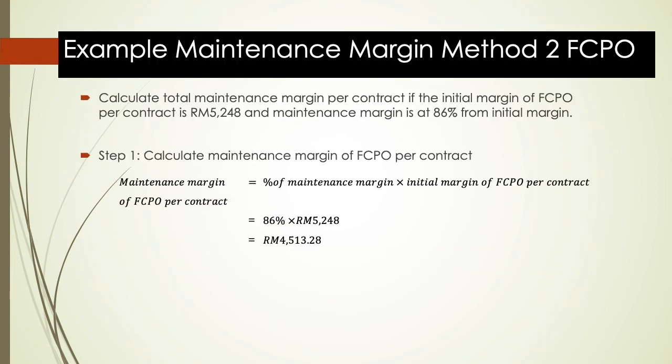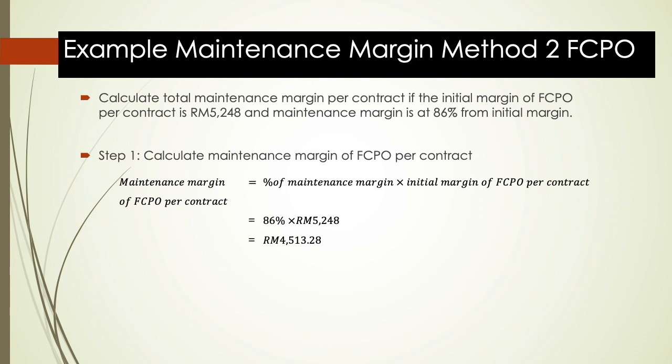Now we look at an example of maintenance margin method 2 for FCPO. Let's say a question says calculate total maintenance margin per contract if the initial margin of FCPO per contract is 5,248 ringgit and maintenance margin is at 86% from initial margin.